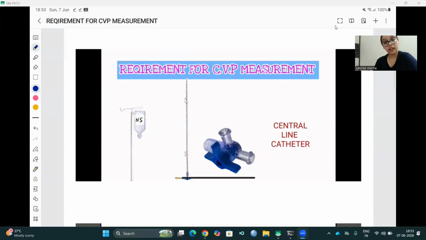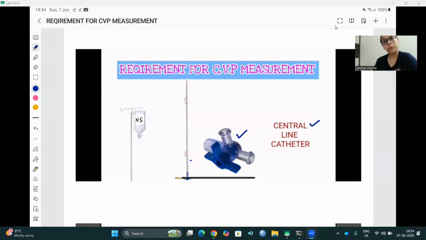Then we have this thing which is called the manometer. This is your three-way stopcock. And then we have a central line catheter.